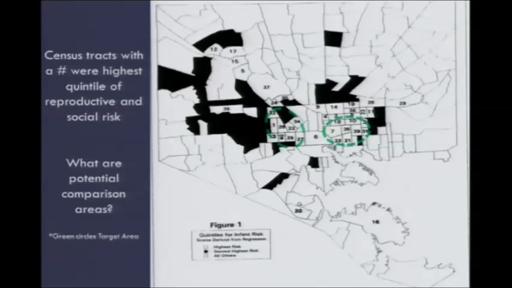They're the highest ranked, one meaning the highest risk. So they're the highest ranked census tracts in terms of risk, socio-demographic and reproductive risk in the city. And there weren't other clusters that did as well in terms of coming close to the ones that we chose. And also there were other contextual factors that we had to think about in terms of main streets going through neighborhoods, et cetera, et cetera.